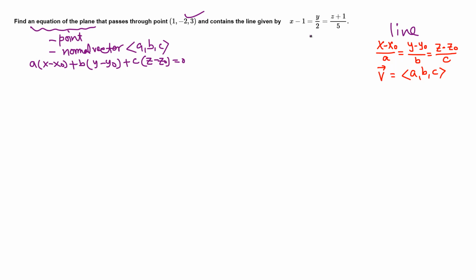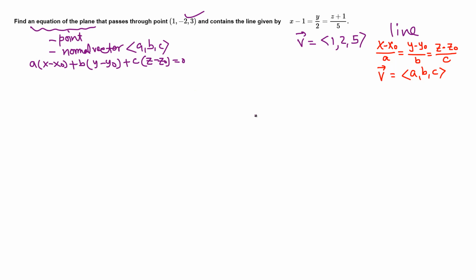That means we know a vector on the plane, which is just 1, 2, 5. We are looking for a normal vector. How do we find the normal vector, which is perpendicular to the plane?